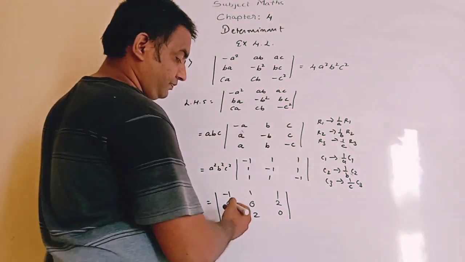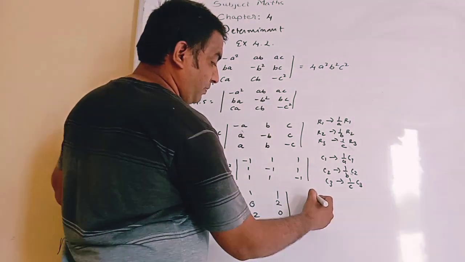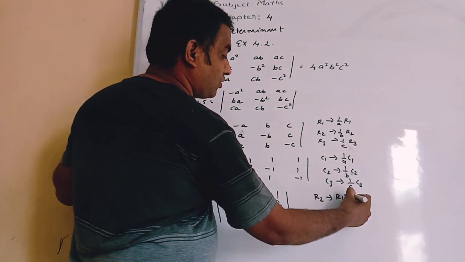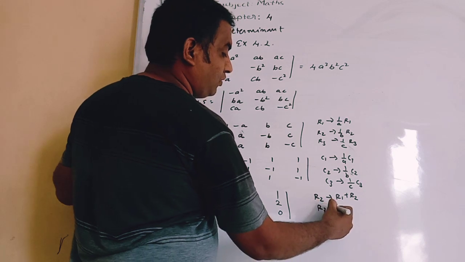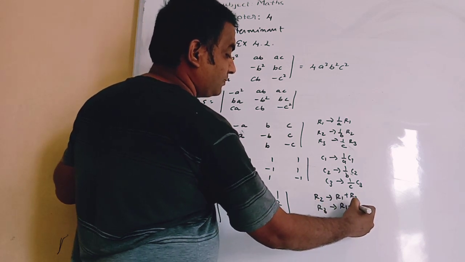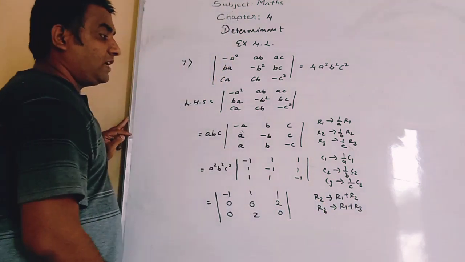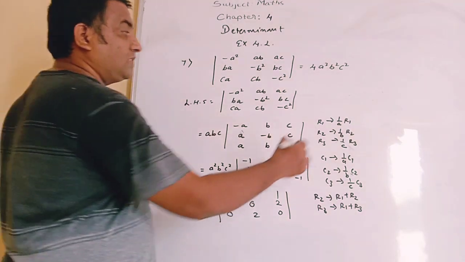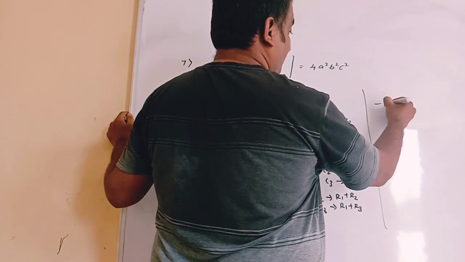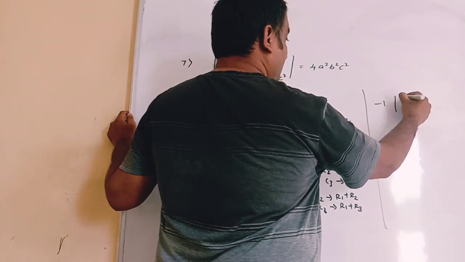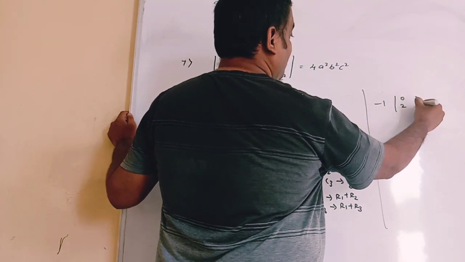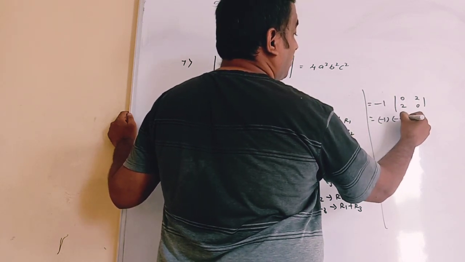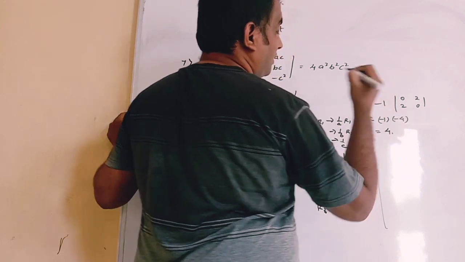Here we have applied R2 transform into R1 plus R2 and R3 transform into R1 plus R3. So we can see now minus 2 with this column we expand and minus 1 into the 2 by 2 determinant 0, 2, 2, 0. So its answer will be minus 1 into minus 4, and so it is 4.